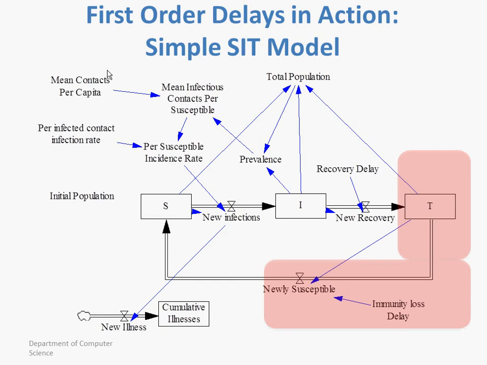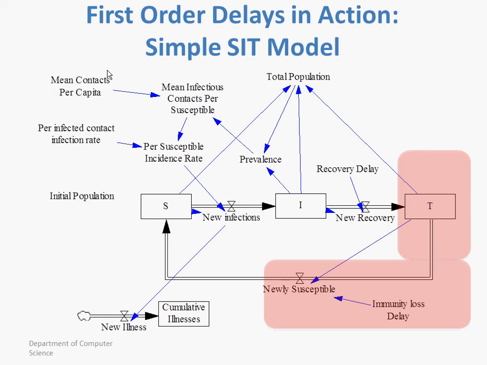What's the relationship of that rate constant, say 0.01, this chance per unit time of going down this, to the delay? It's 1 over it. It's just the reciprocal of it. So if you have an immunity loss delay of 50 months, you have a rate constant, chance per unit time of 0.02 going down, and vice versa. And it makes sense.